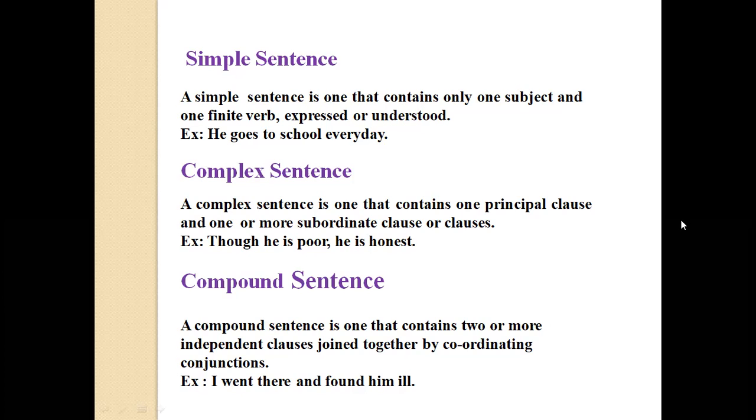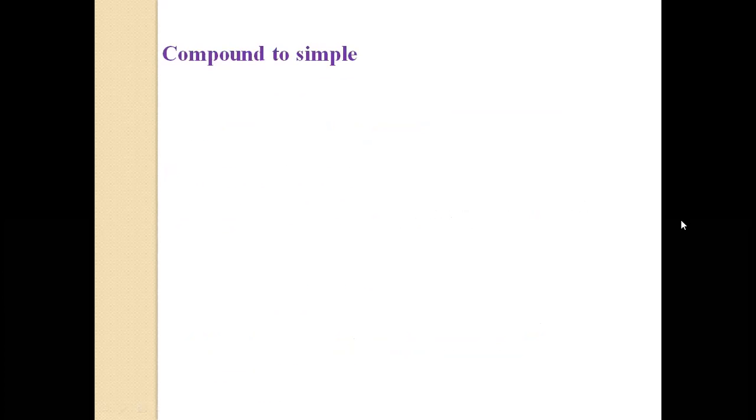Let's start how to change compound sentence to simple sentence. I'll discuss them according to rule 1, 2, 3. Rule 1. A. I put out the lamp and went to bed.